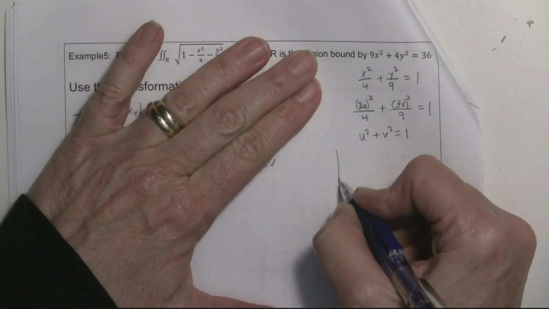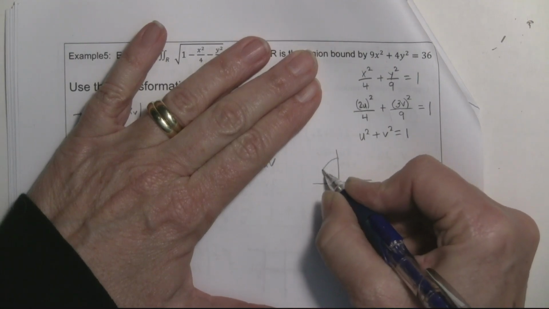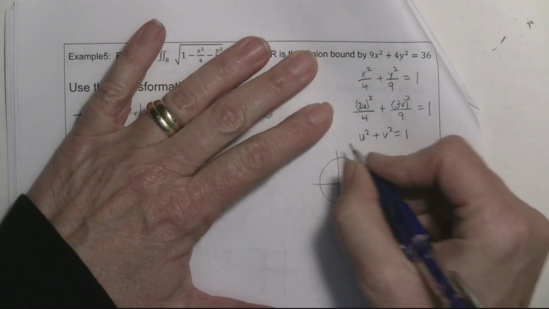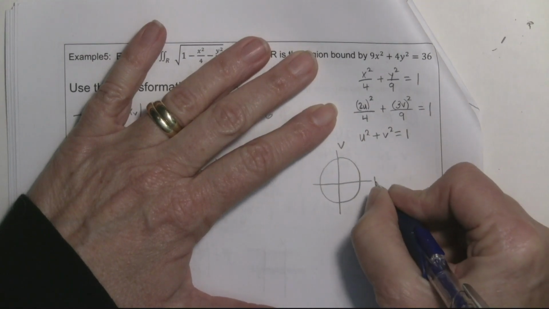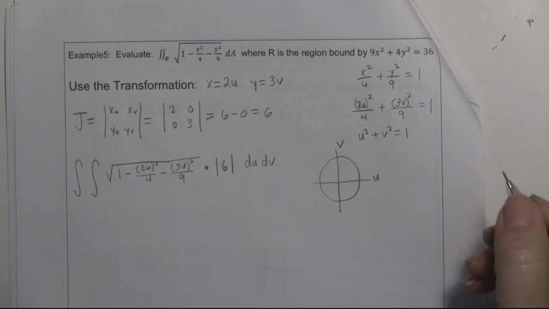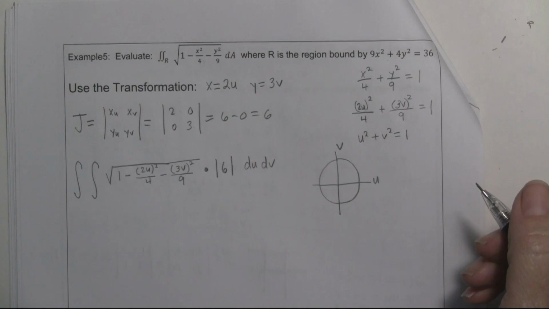Because if I wanted to do this with du dv, I'm going to draw this in here. I'm going to call this v and this u, alphabetical order, right? And I've got this circle of radius 1.